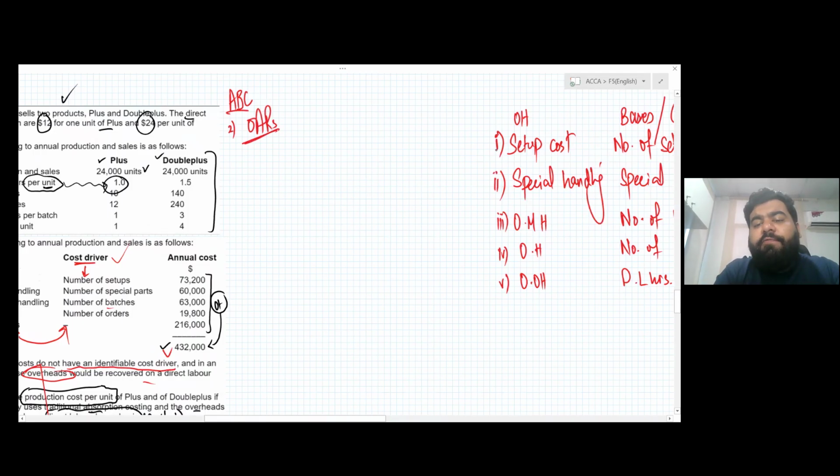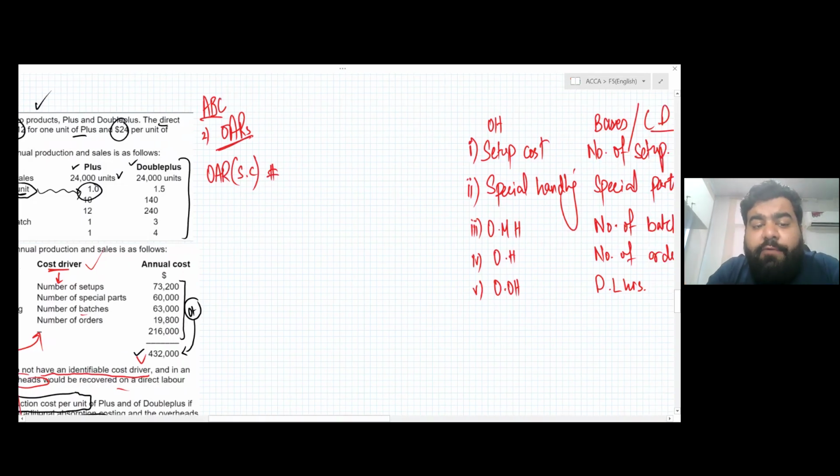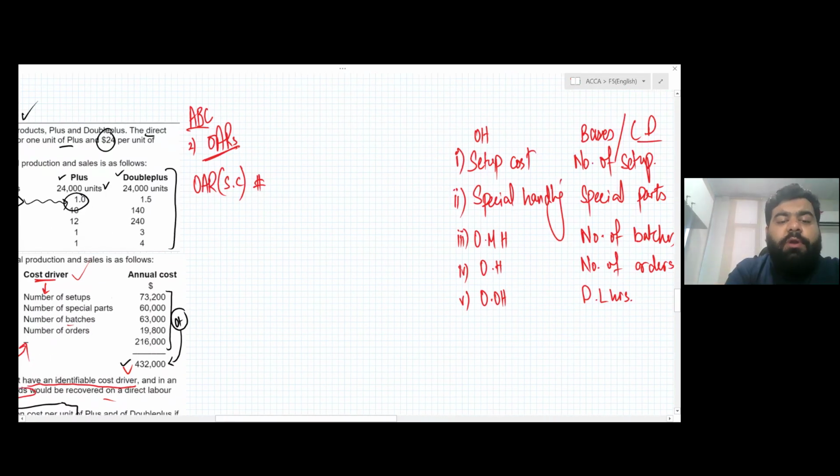So there are five types of cost, so five OARs will be calculated. Number one, OAR for setup cost. SC means setup cost. For the OAR for setup cost, obviously we know OAR is calculated using cost pool divided by cost driver.